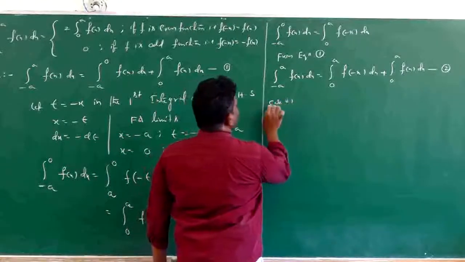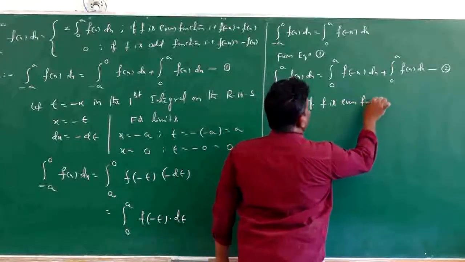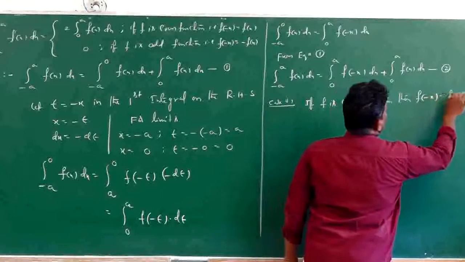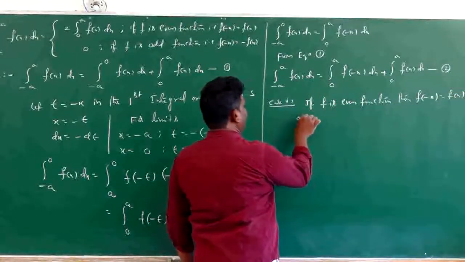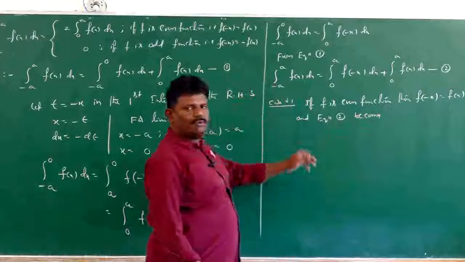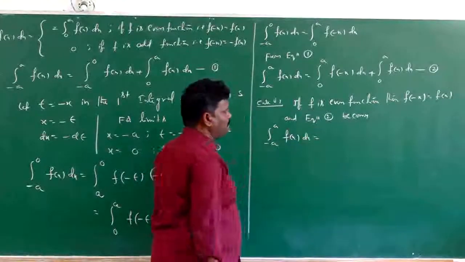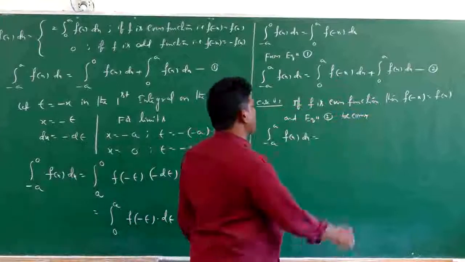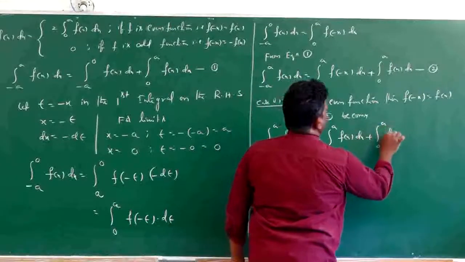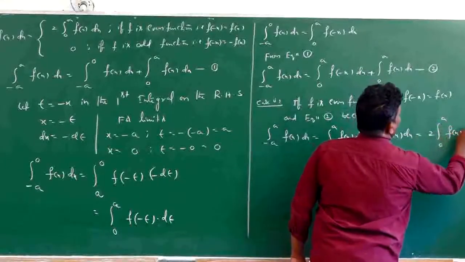First case 1: if f is an even function, then f of minus x is equal to f of x, and equation 2 becomes integral minus a to a of f of x dx is equal to, since f of minus x is equal to f of x, integral 0 to a of f of x dx plus integral 0 to a of f of x dx, that is equal to 2 into integral 0 to a of f of x dx.